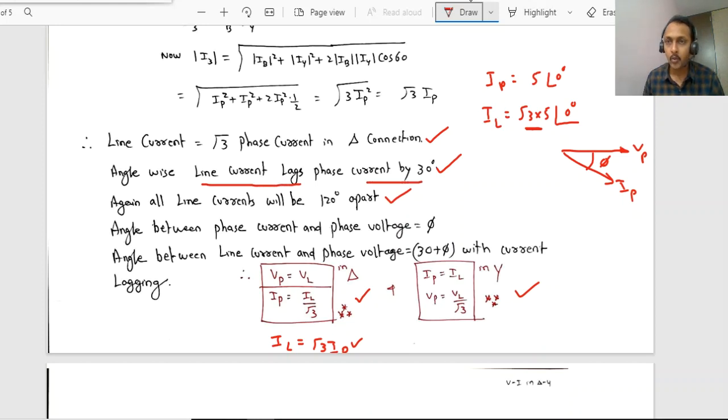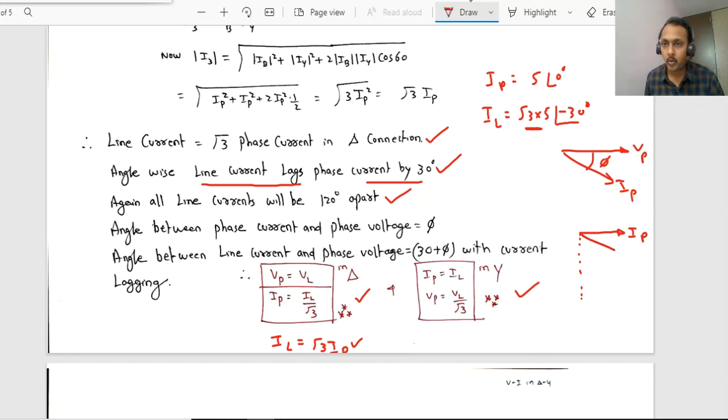If it is 0, here you will get minus 30 degrees. So if this is the phase current at an angle 0, then if this is 90, 45, and this is somewhere 30.